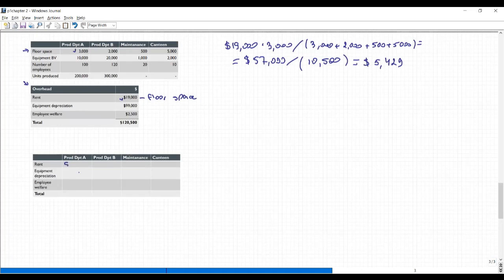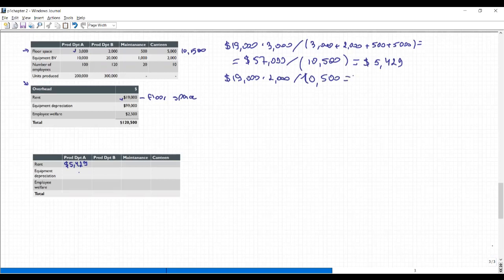So that is the allocation of rent for department A. For department B, the same trick: 19,000 multiplied by 2,000 and divided by, well, we've already calculated that, 10,500.